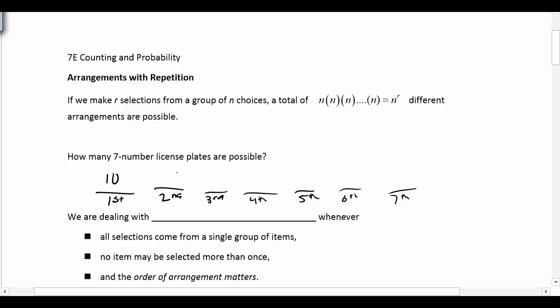So for the first spot, I could have 10 numbers. For the second spot, I can have 10. For the third spot, I can have 10. And so I can keep multiplying by 10. So this translates to 10 to the 7th power, which works out to be about 10 million. And this again assumes there are no restrictions.